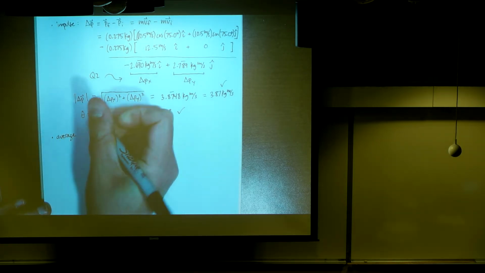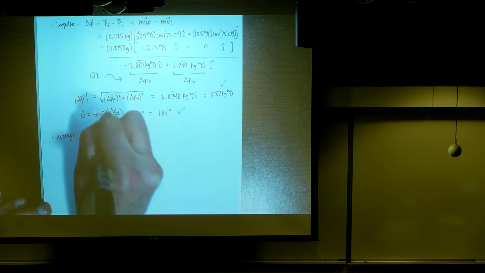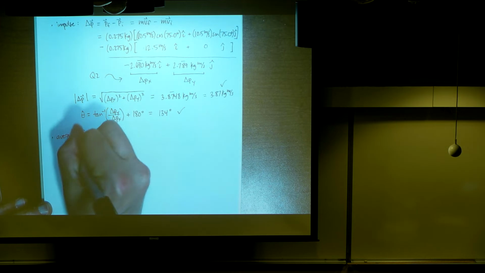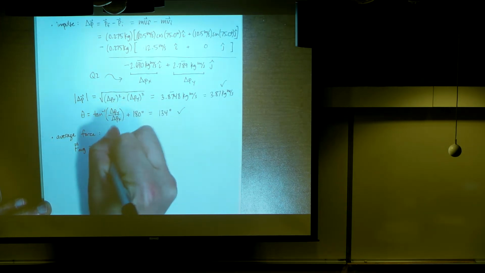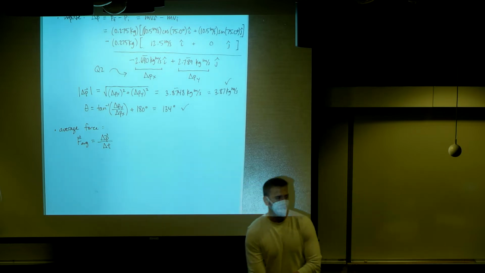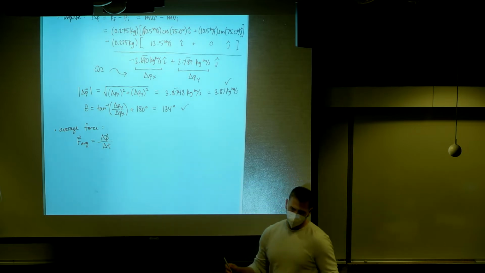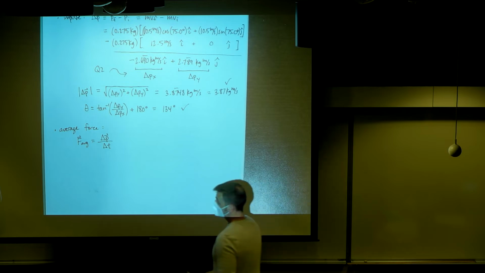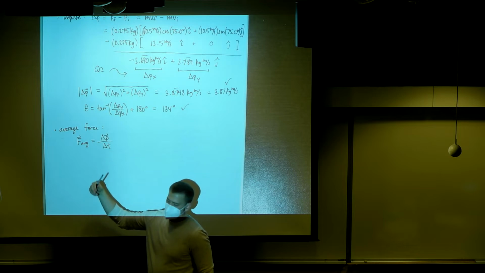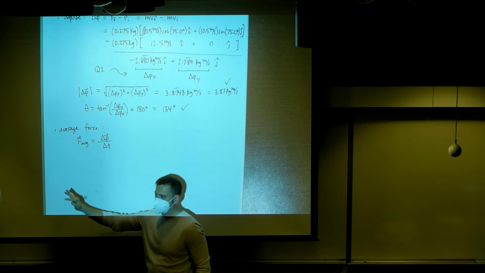Now here we're going to do the average force, because this change in momentum, of course, is related to the average force. The result that we just came up with is that the average force is equal to delta P over delta T. Again, it's just how much has the momentum changed divided by how long did it take to undergo that change. One thing I want you to notice right away from this equation is that delta P is a vector, it's a change in momentum, but delta T is just a scalar, it's a time.